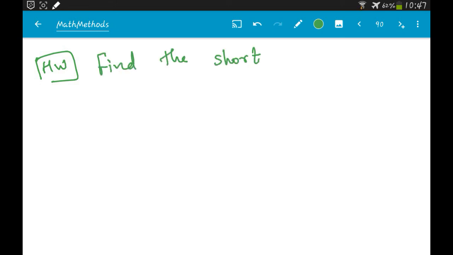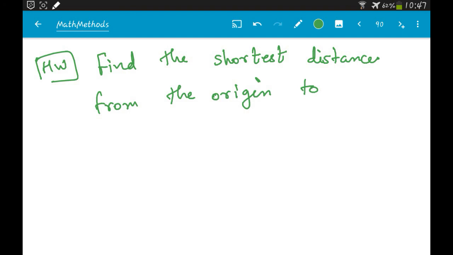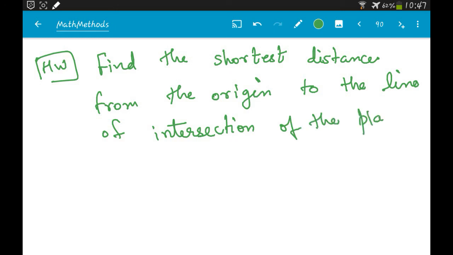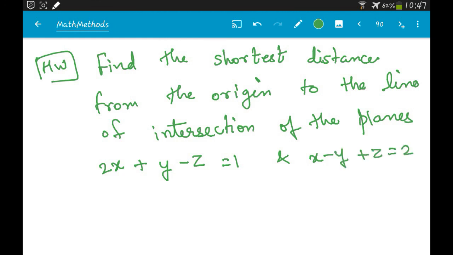Find the shortest distance from the origin to the line of intersection of the planes 2x plus y minus z equals 1 and x minus y plus z equals 2. Right? So this is your homework problem. Alright.